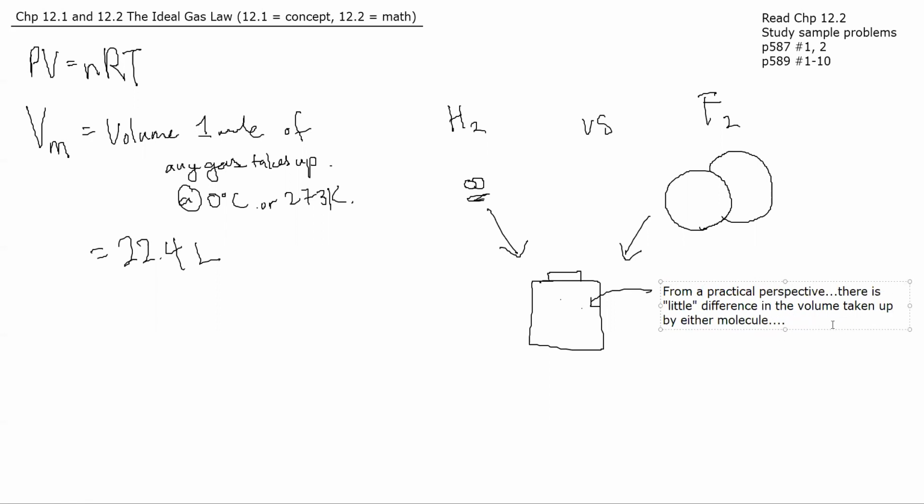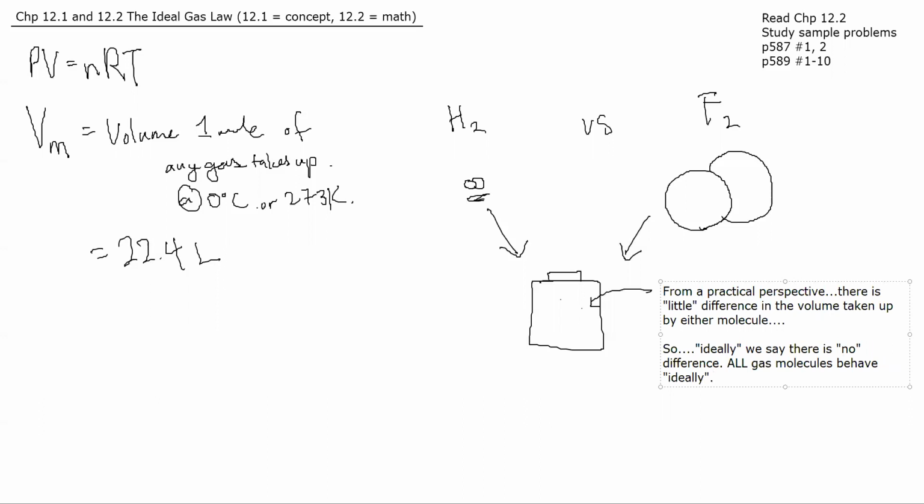So what can we say about that? What does that lead us to? Ideally, we say there is no difference instead of little difference. All gases, or all gas molecules, behave ideally.